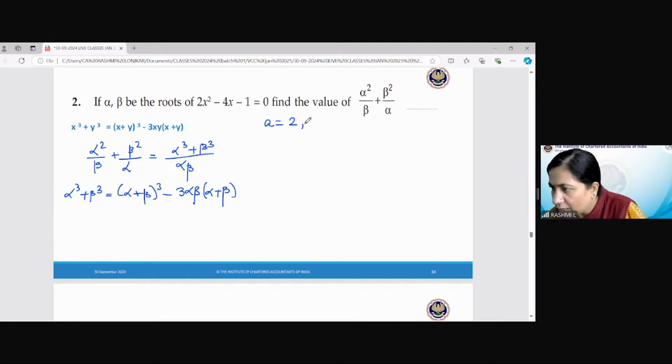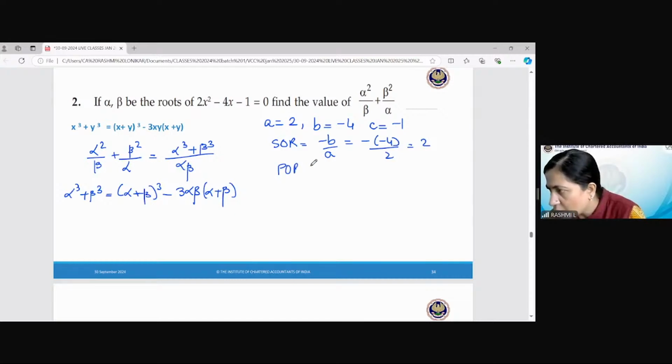Now, how much is A? A is 2. B is minus 4. C is equal to minus 1. So sum of roots is equal to minus B by A, which is minus of minus 4 upon 2, equal to plus 2. Product of roots is C upon A, which is minus 1 upon 2.